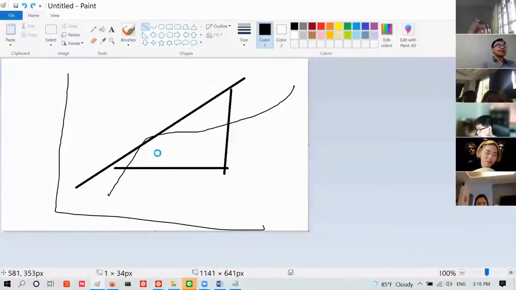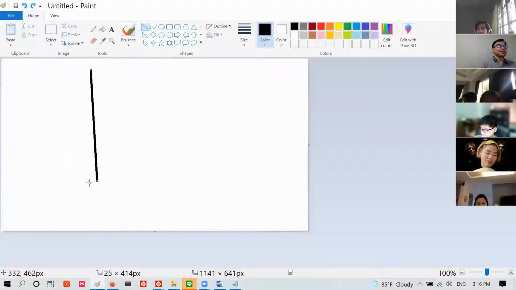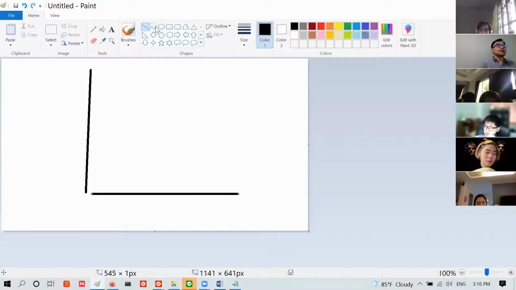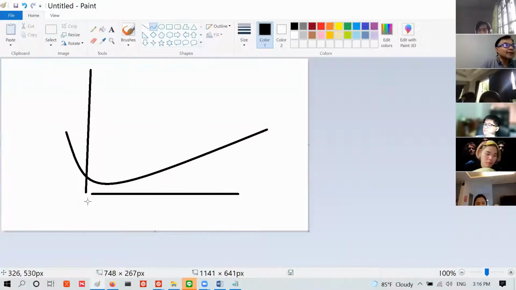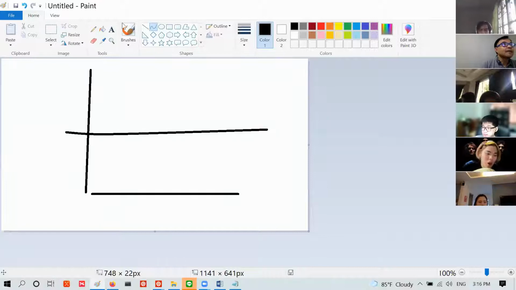So if I have a curve that looks like this, and I want to say from here to here, what's the area?